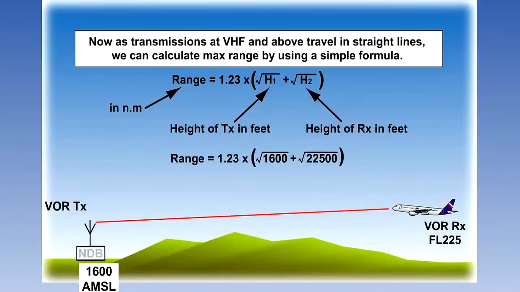So, suppose the transmitter is at 1,600 feet above mean sea level, and the aircraft is at 22,500 feet. Their square roots are 40 and 150 respectively. Multiplying by 1.23 gives us the answer 233.7 nautical miles.